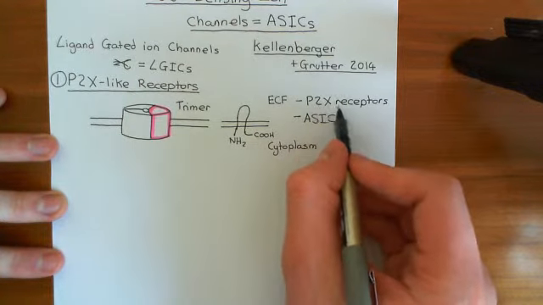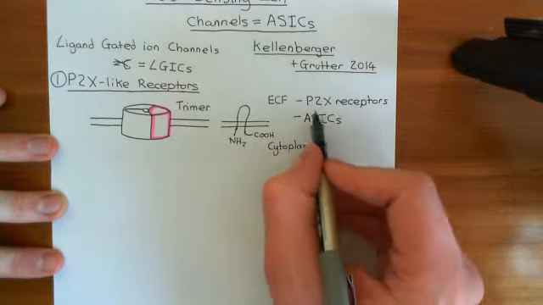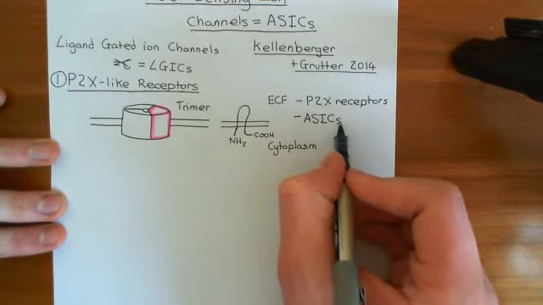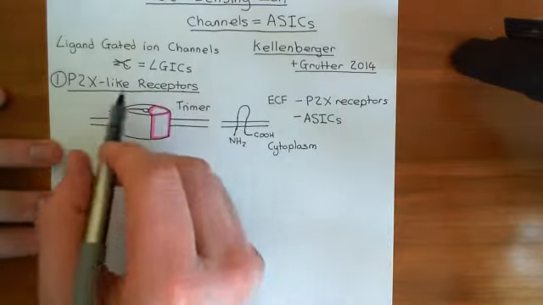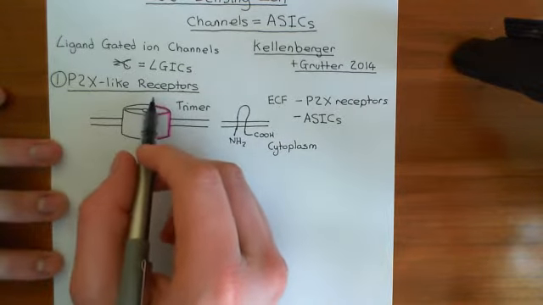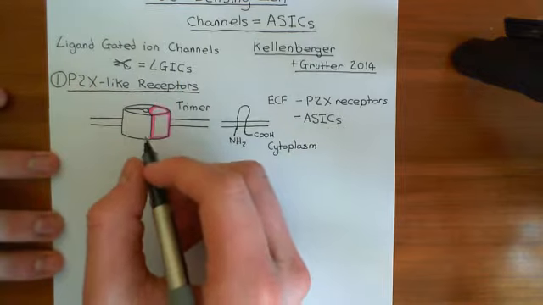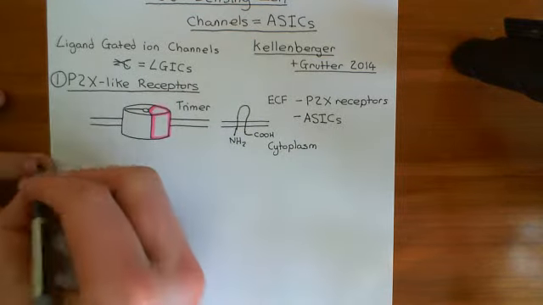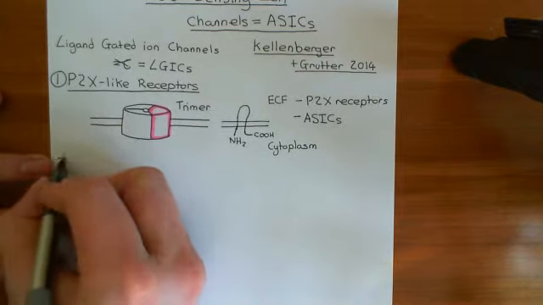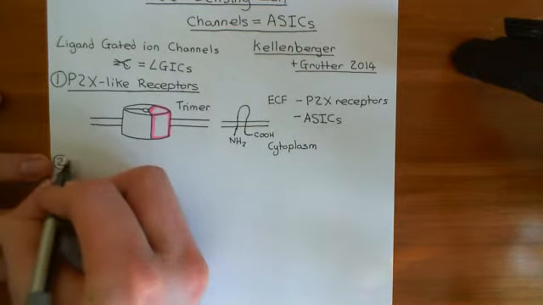So both the P2X receptors and the family of ASIC acid-sensing ion channels, they are both within this larger superfamily of P2X-like receptors, basically. Okay, right, so that's the first family of ligand-gated ion channels. Okay, and we'll come back to that obviously when we come on to discuss ASICs in more detail.